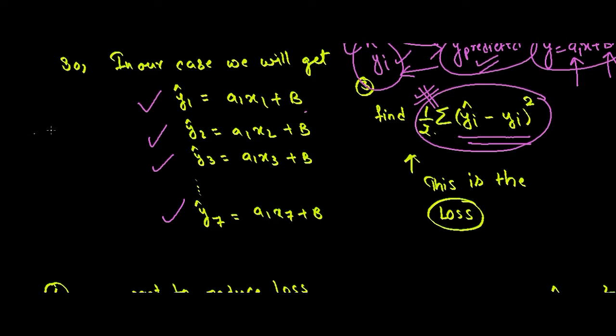Basically, when we try to find the cost of each y cap i, we do this kind of thing. So this is basically the difference between the values of the dependent variable. This y cap is calculated by using our model, and this y is given in the data set itself, right?